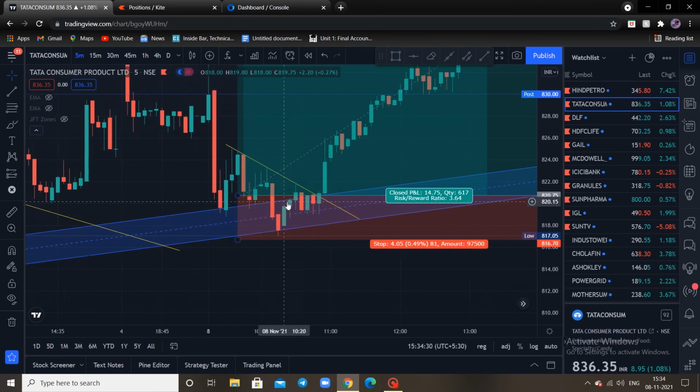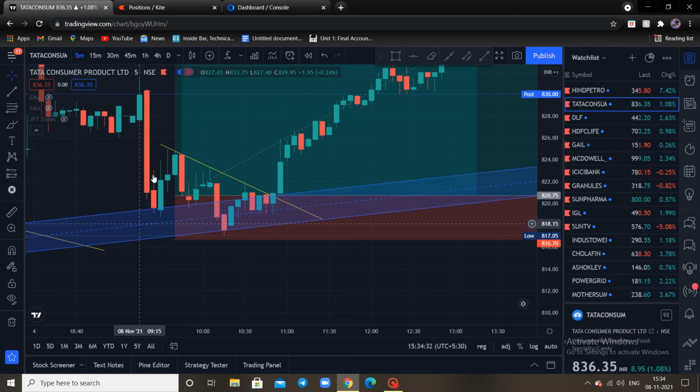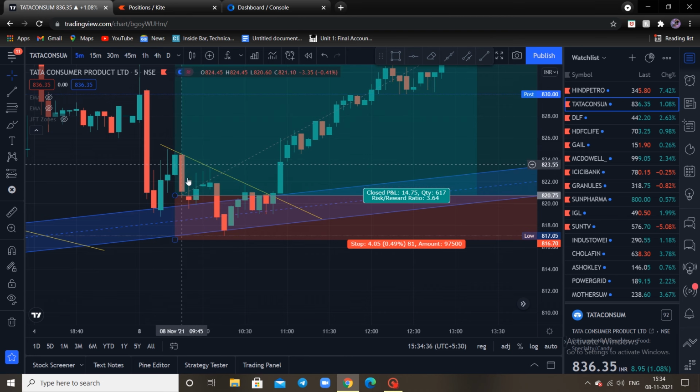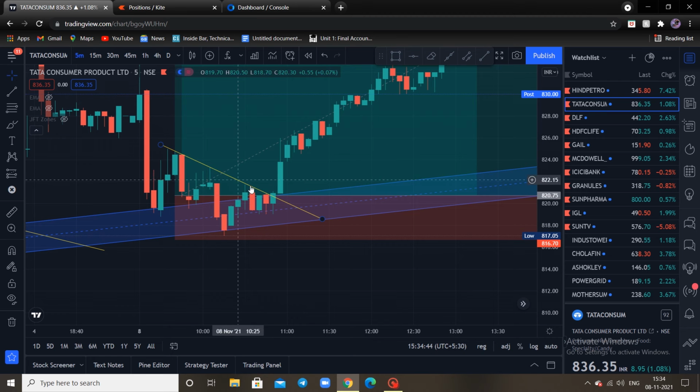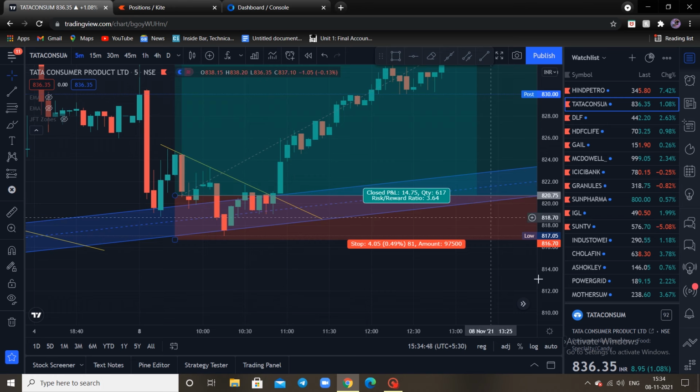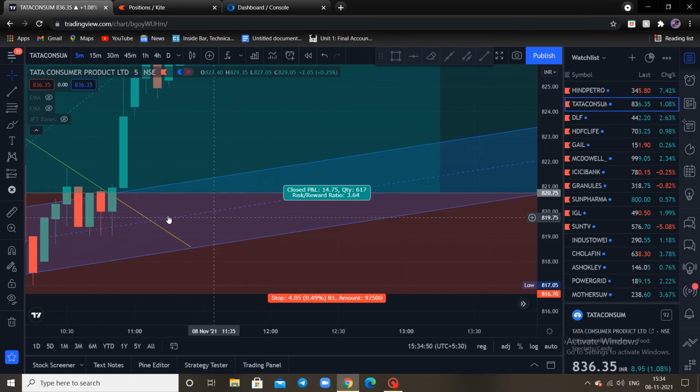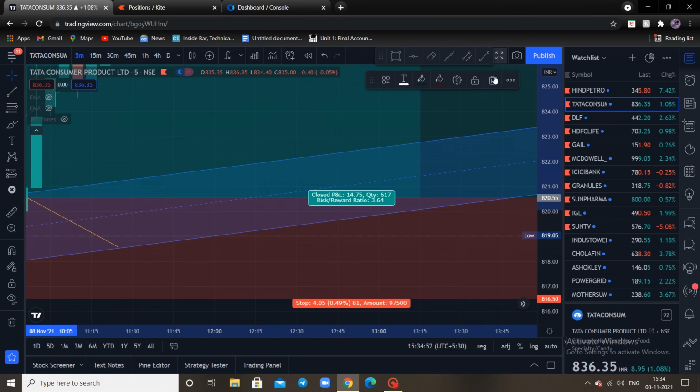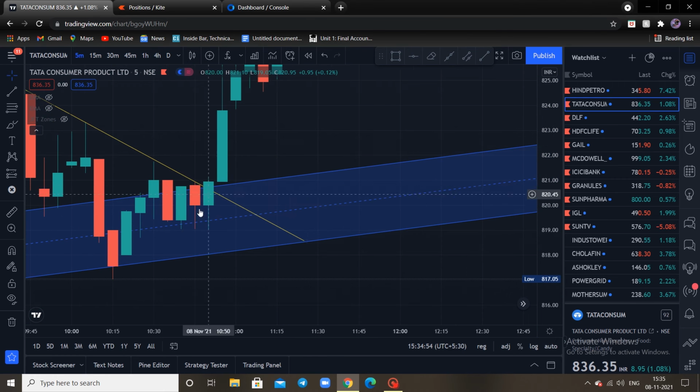So I see a rejection from here, bullish engulfing. So I waited, then I see again a rejection from here, and there is a trend line resistance, and when it breaks, there is again a bullish engulfing candle here.